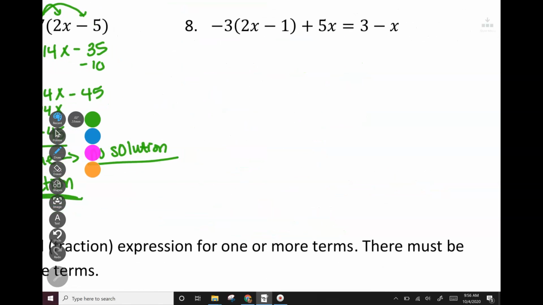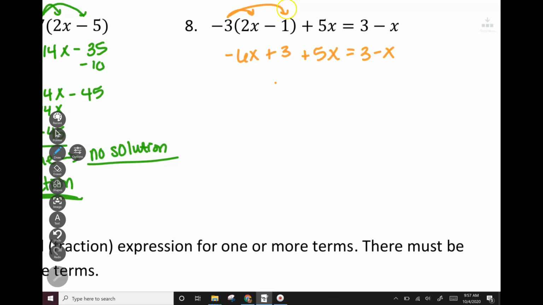All right, number 8. Distribute. And combine like terms. Okay, move everything that has an x to one side, so I'll add this x over.